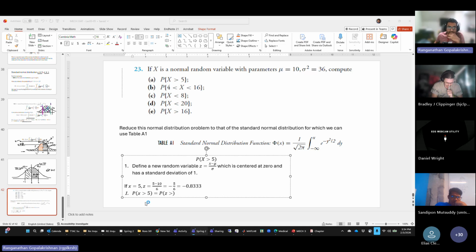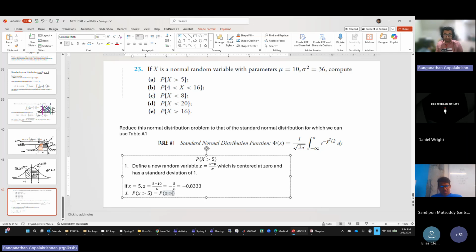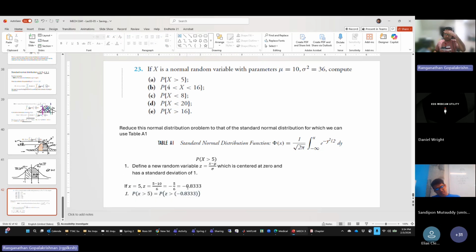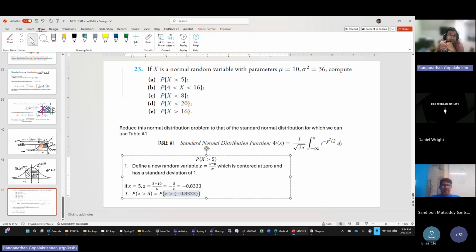Okay, so if you want the probability that X takes values greater than 5, that's like asking what's the probability that Z takes values that are greater than minus 0.8333. When you are at this spot where you have written down an expression for Z or Y or whatever you call it greater than something, the very next thing you should do is to draw a sketch.